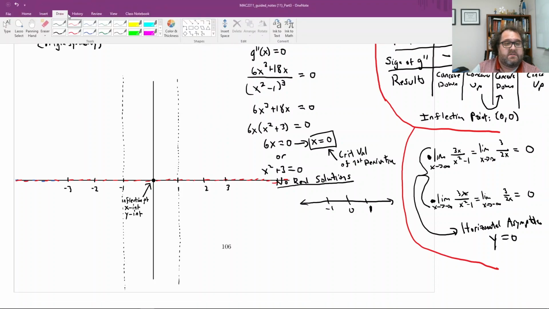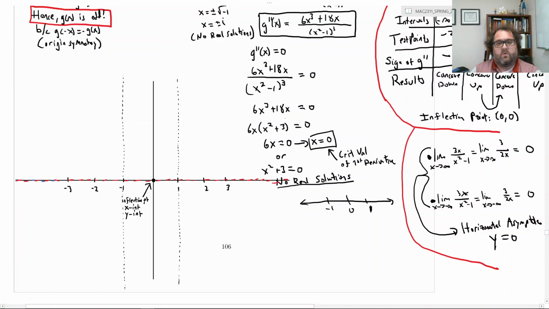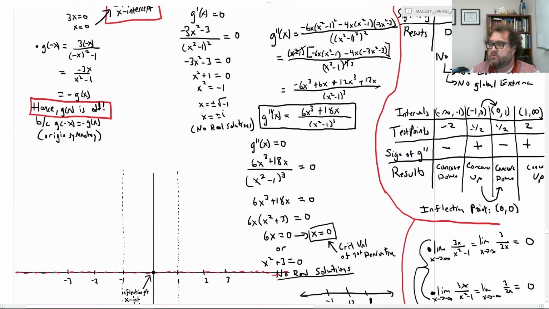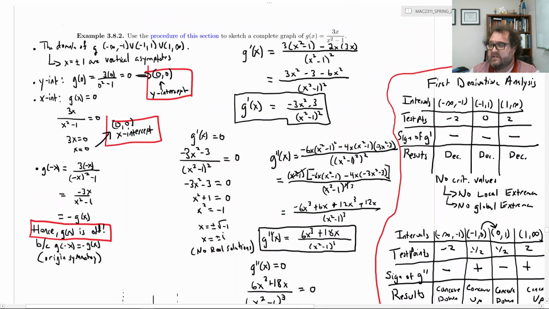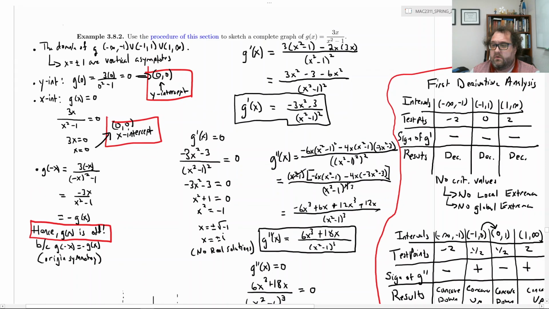Now, let's take into account how the function has to behave close to asymptotes. And let's also take into account the fact that, according to our first derivative analysis, this function is decreasing everywhere. That function is decreasing over its entire domain.